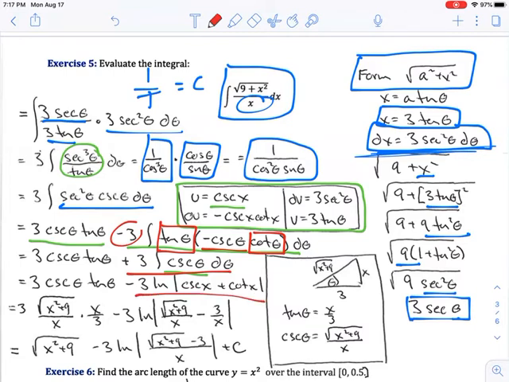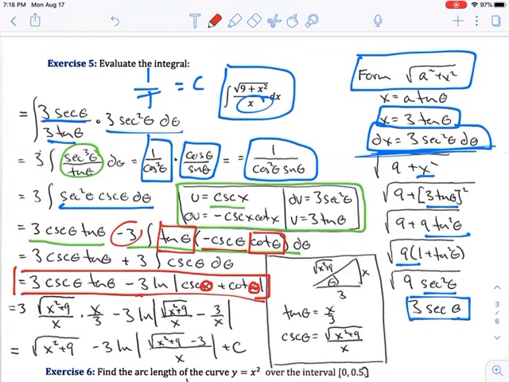So that is as far as I can go until I do some trig substitution. So here's where I'm at. And now I got to get rid of, oops, these are supposed to be thetas still. That's supposed to still be a theta. Don't want that to confuse anybody. Those are still thetas. That's cosecant of theta, cotangent of theta.